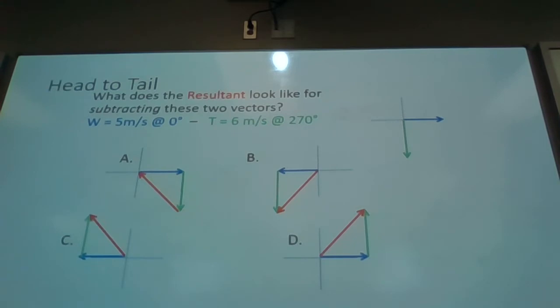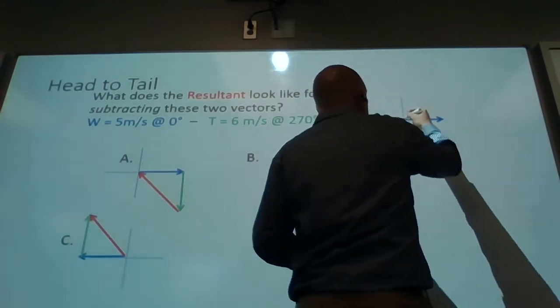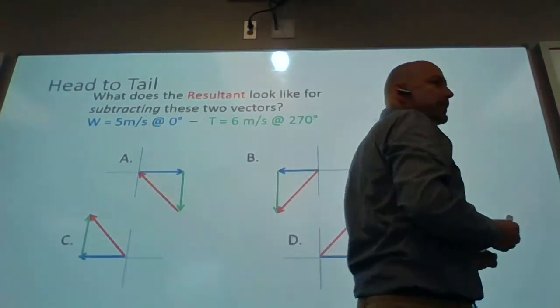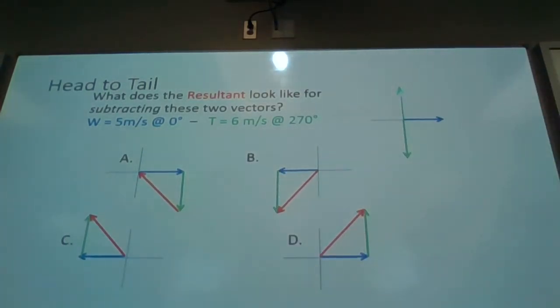All right. Which one are you going to flip? The blue or the green? Green. So we're going to make that go up. And then it just becomes an addition problem. Correct answer is D, delicious donuts. Does that make sense how we did that? Okay.